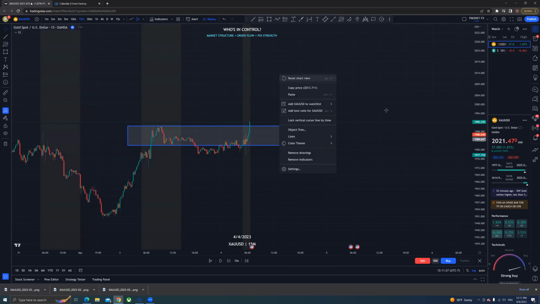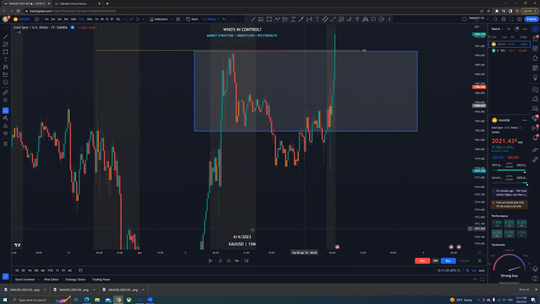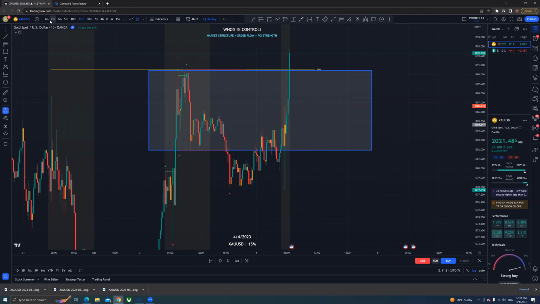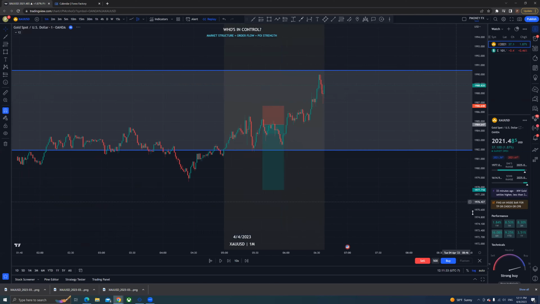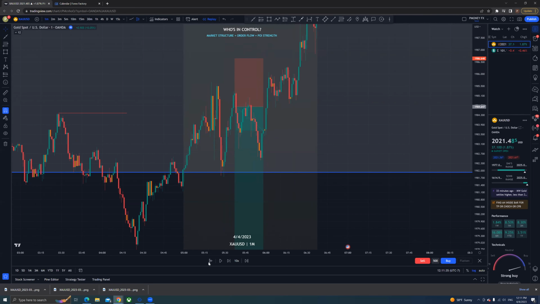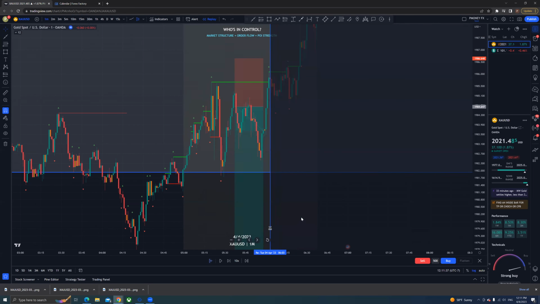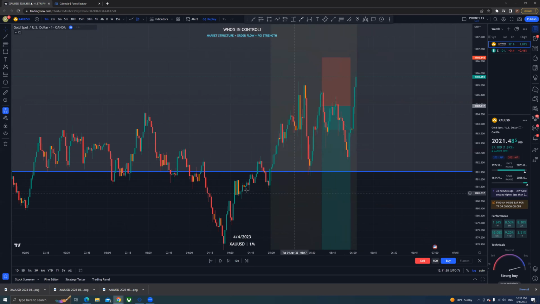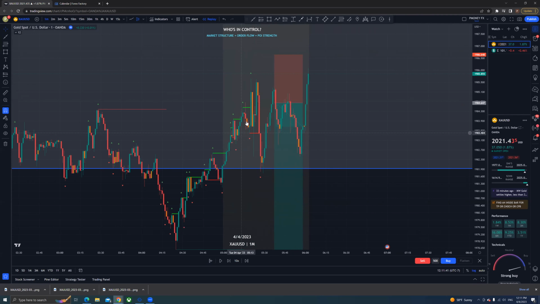So go back to your, so where did you enter on M1? Lower low. Price came in here and I entered right here.